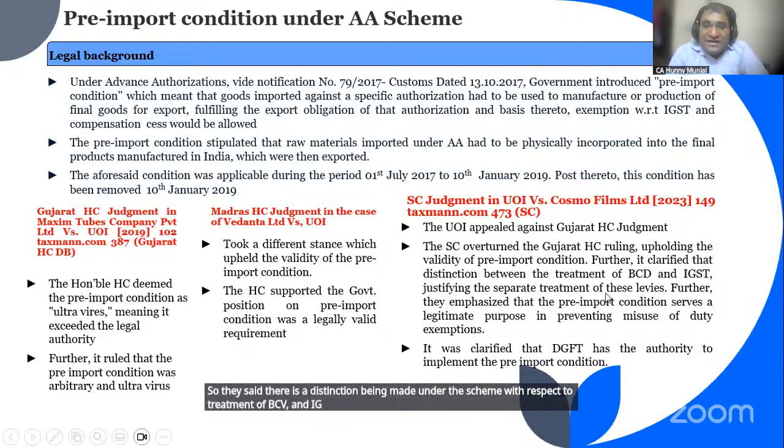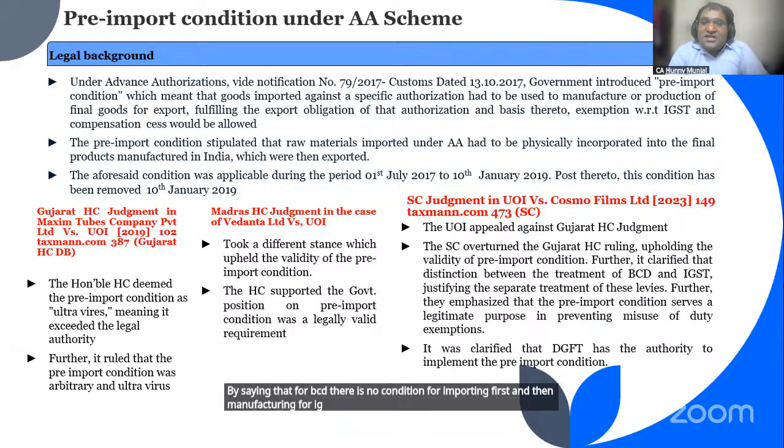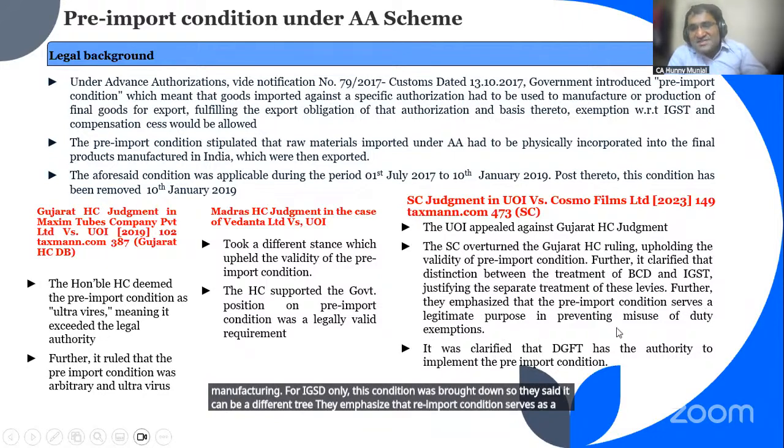You cannot equate that by saying that for BCD there is no condition for importing first and then manufacturing. For IGST only, this condition was brought in. So they said it can be a different rate. They emphasized that the pre-import condition serves a legitimate purpose in preventing misuse of duty exemption.